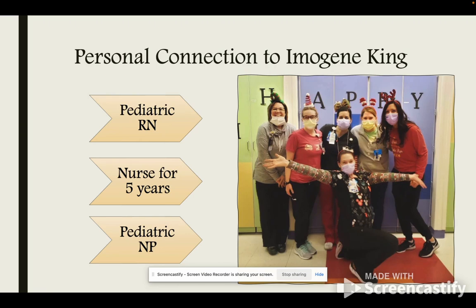Although I've spent my time as a nurse in different fields, I continue to be drawn to pediatrics. I'm currently in the pediatric nurse practitioner track and look forward to continue setting goals as a provider in the future. I chose this specific theorist because her theory describes an interpersonal relationship that allows a person to grow and achieve life goals. It is why I wanted to become a nurse in the first place.